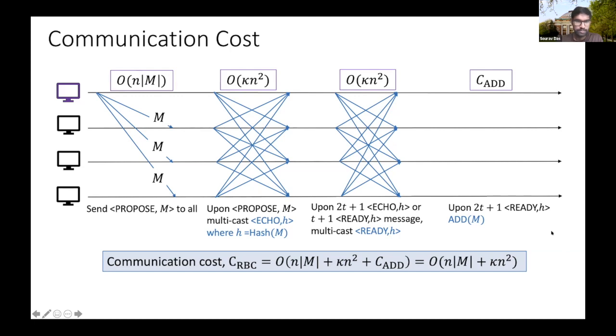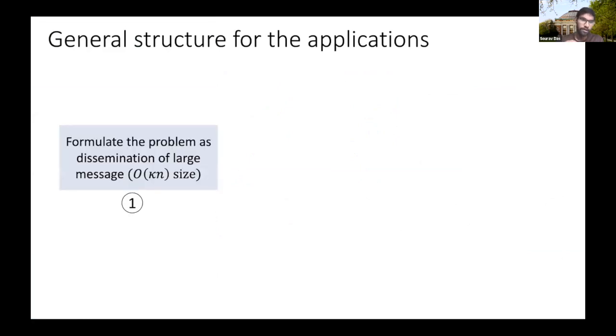So this is our protocol. In summary, we can use the same structure to improve many other asynchronous primitives. The idea is the same. We pick an asynchronous primitive and formulate the problem as the dissemination of a large message, typically a linear size message.